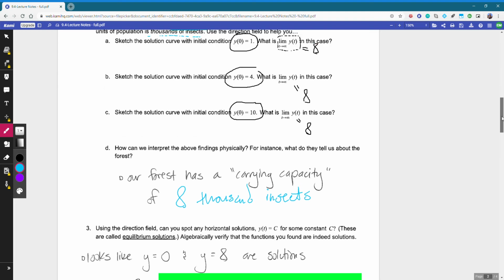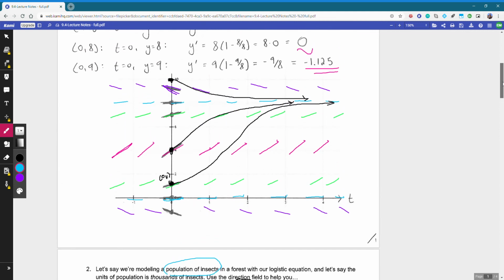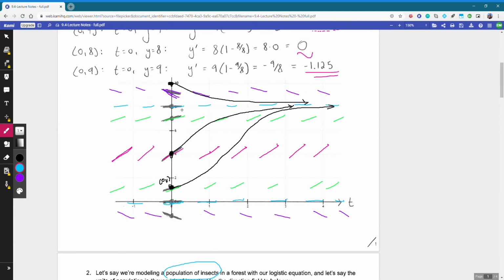And so here, up on our direction field, looking at our horizontal tangents at 8 and at 0, right, if we just moved straight across horizontally, that looks to be moving through our direction field perfectly. And similarly down here at 0.